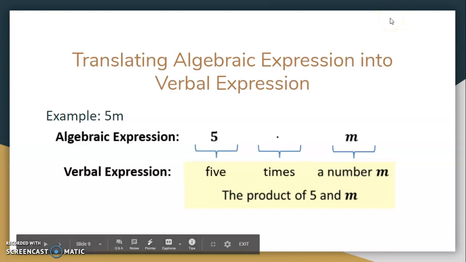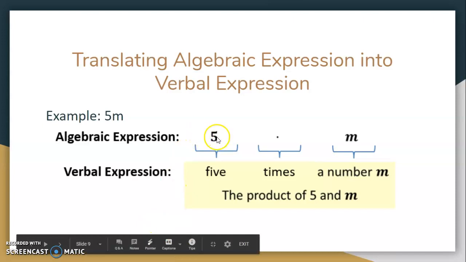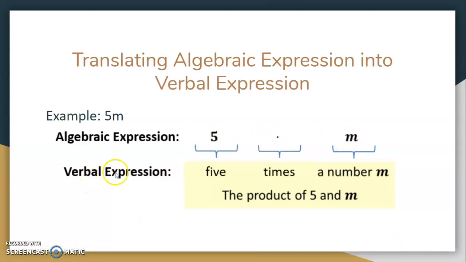Now we're going to do the opposite and translate algebraic expressions into verbal expressions. So an example would be 4m, or 4 times m. So the algebraic expression would be 5 times m. And the verbal expression would be 5 times a number m.